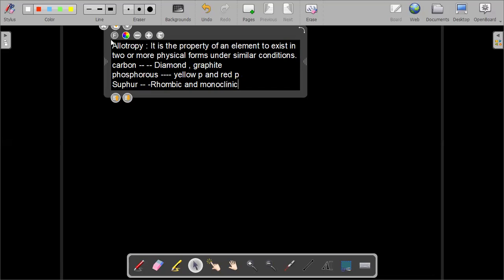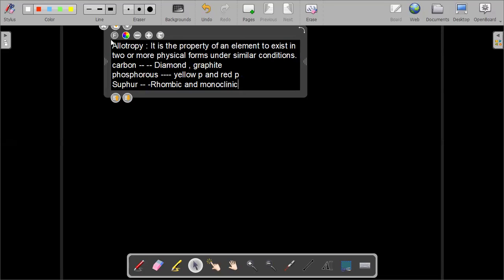Allotropy means the same element exists in two or more physical forms under similar conditions. Under similar conditions, you will find carbon existing as graphite and also as diamond. The properties are also different.